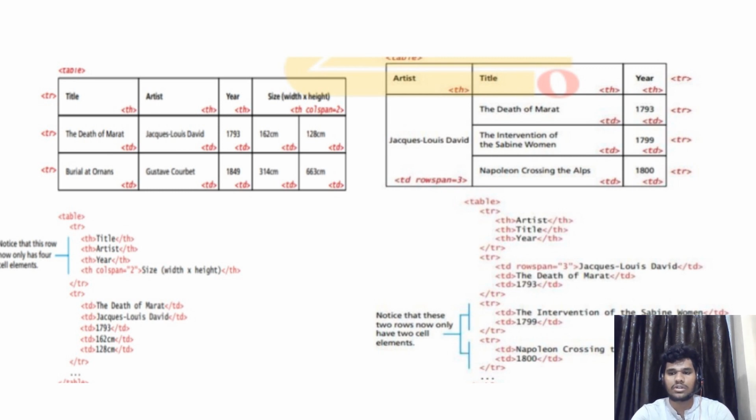We use colspan here, which is equal to 2, that is size, width and height. This width and height are combined into a single cell renamed as size. So this is colspan, and these are the elements and all the data in the table. So here is an example of colspan.